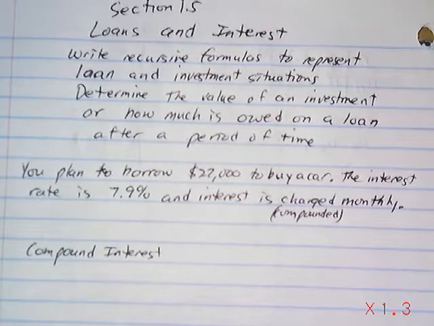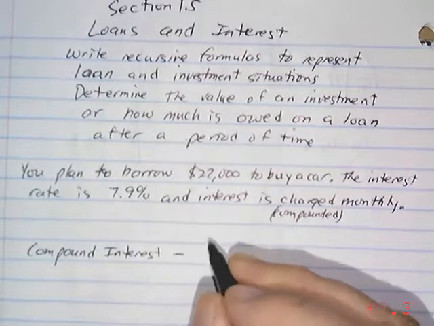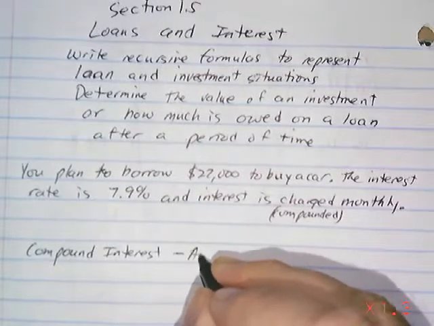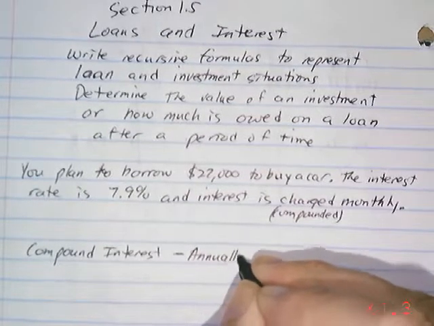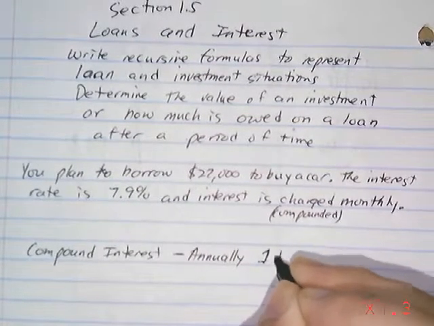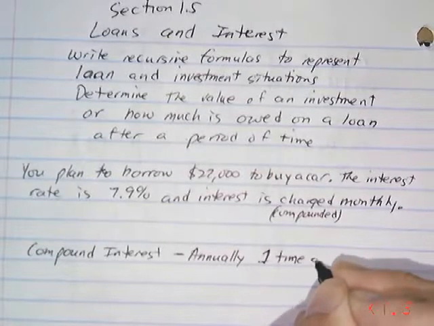If you have an investment, you would be getting interest and gaining money at these times. Of course, 12 months in a year, so it'd be 12 times a year. Daily would obviously be 365 times a year. And quarterly is another one, would be 4 times a year.